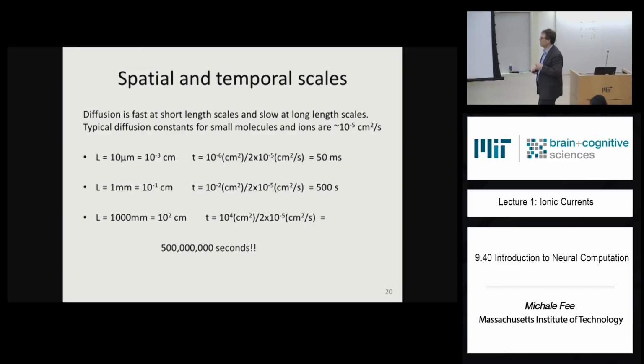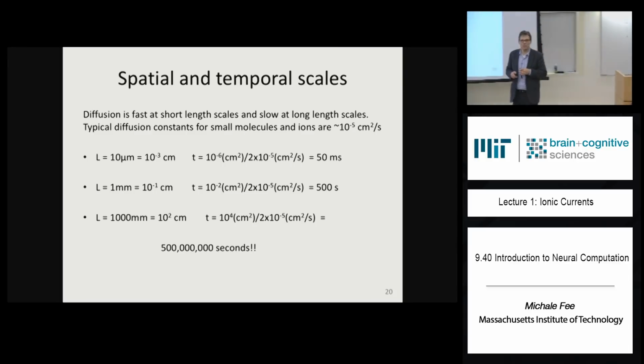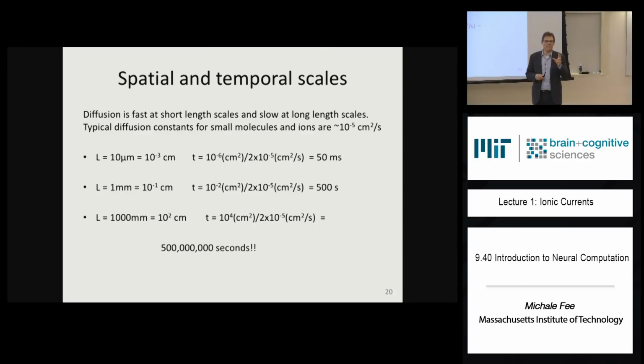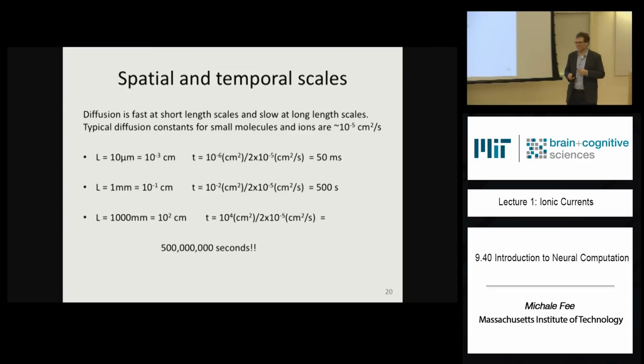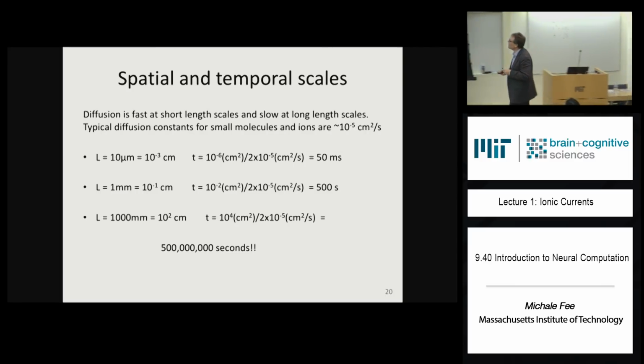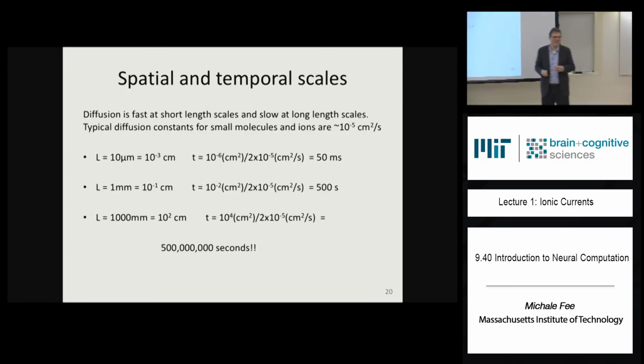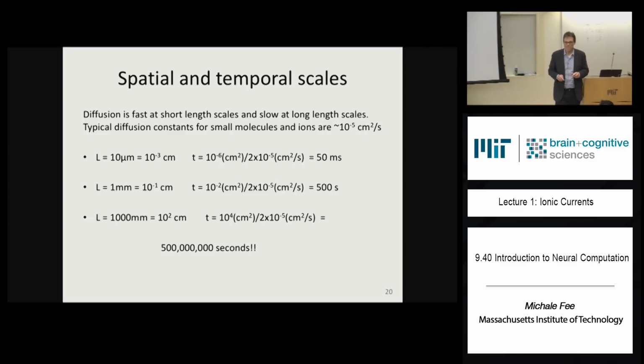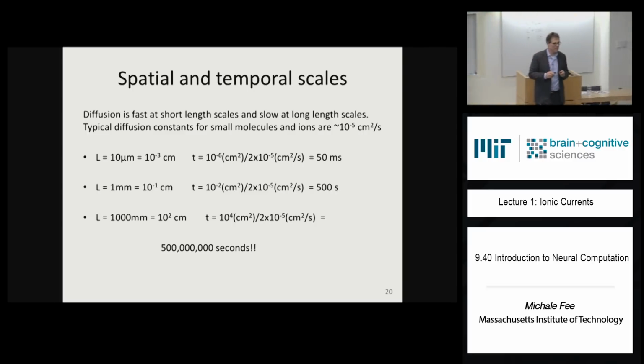About 5 times 10 to the 8 seconds, which is about 10 years. A year is pi times 10 to the 7 seconds, by the way, plus or minus a few percent. Okay? Any questions about that?